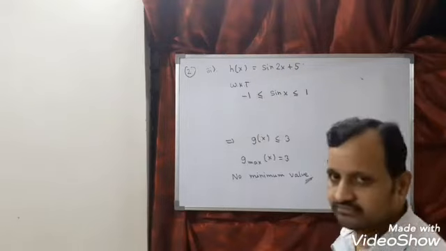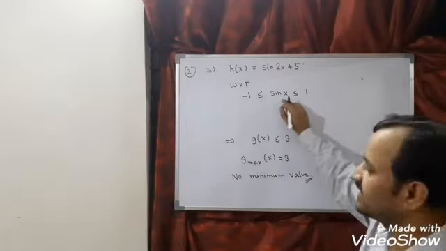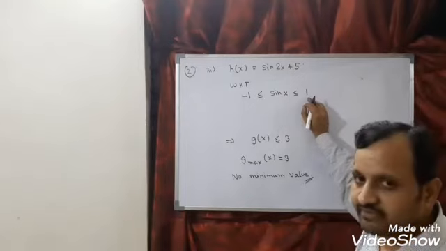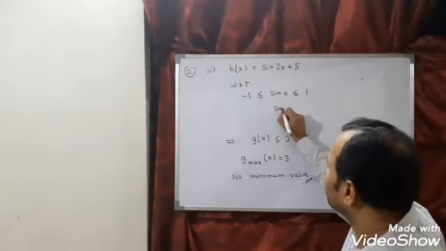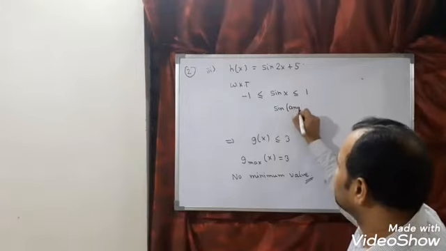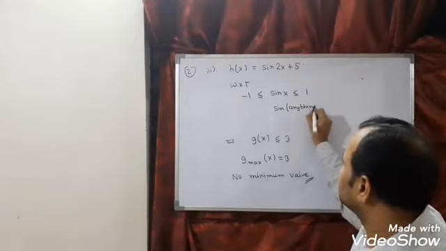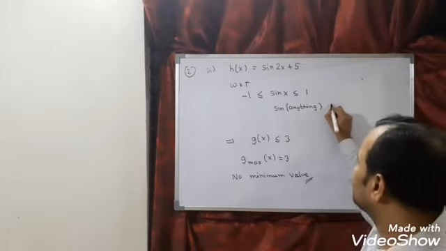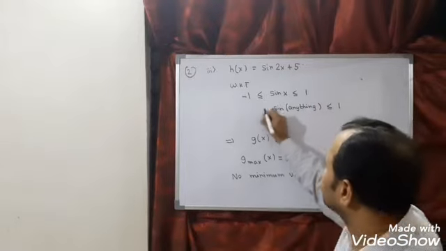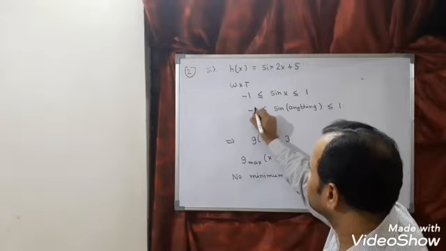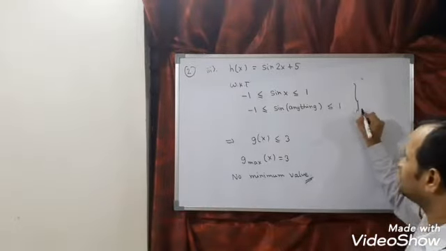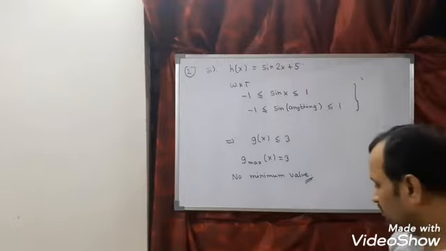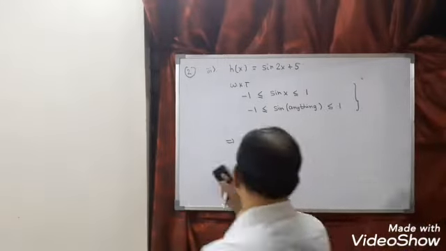We know this. So the minimum value of sin x is -1 and the maximum value of sin x is 1. Similarly, sin of anything, any number, also lies between -1 to 1. So remember this.